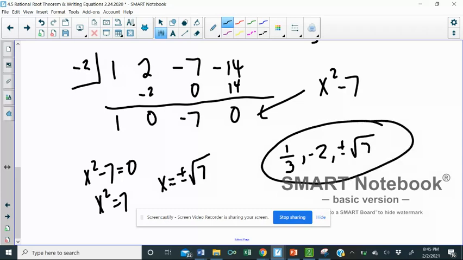So I took the 4th power, I found one root, got it down to a cube, found another root, got it down to a quadratic, which I can factor or solve. If you get it down to a 3rd power and you can group, you're down there as well. All right, hopefully this helps.